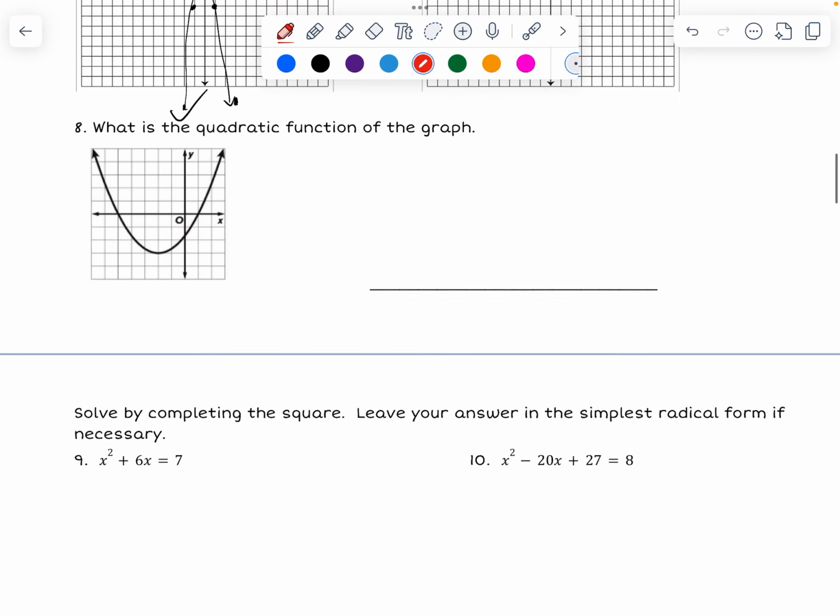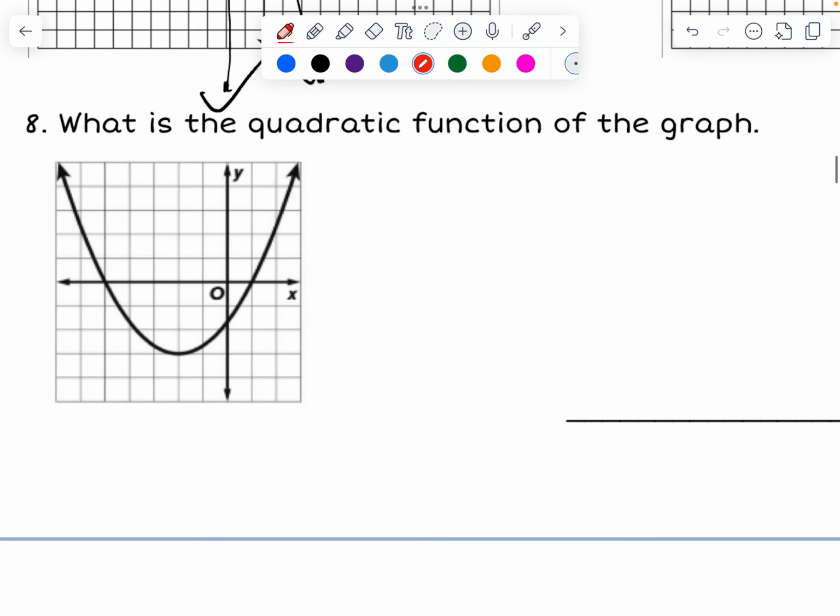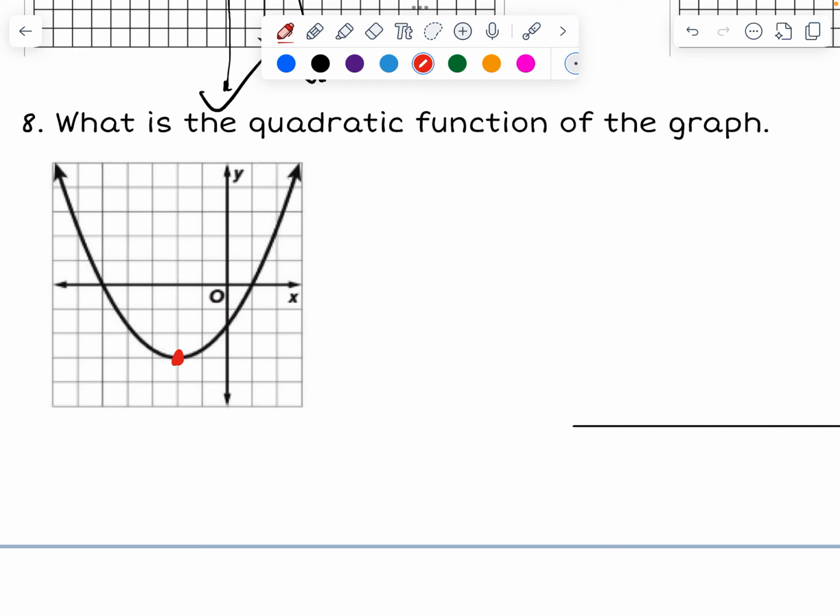Okay, this one, write a quadratic function. Okay, so that is -2, 1, 2, -3. Its zeros are 0, nope. How about 1, 0, and 1, 2, 3, 4, 5, -5, 0.